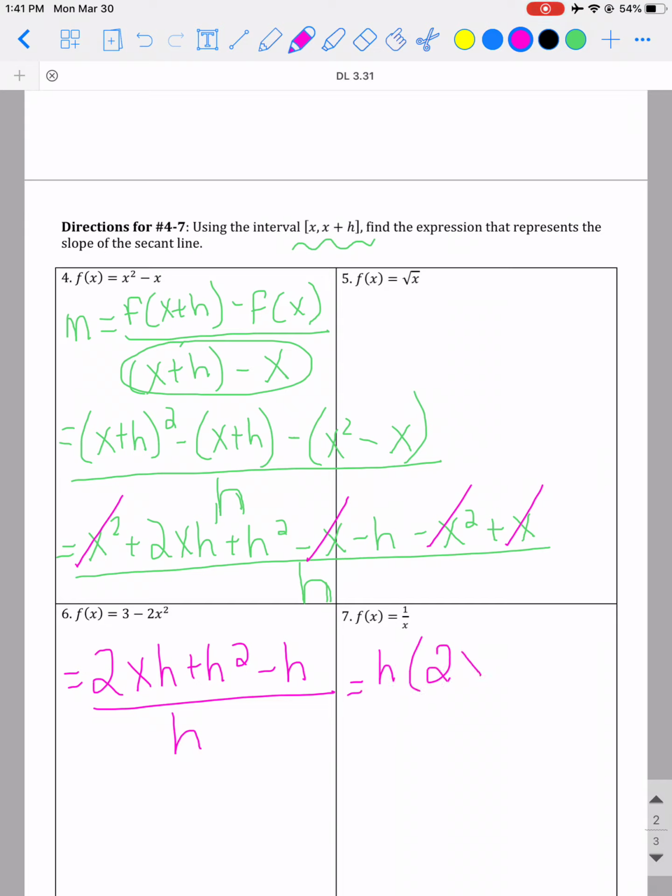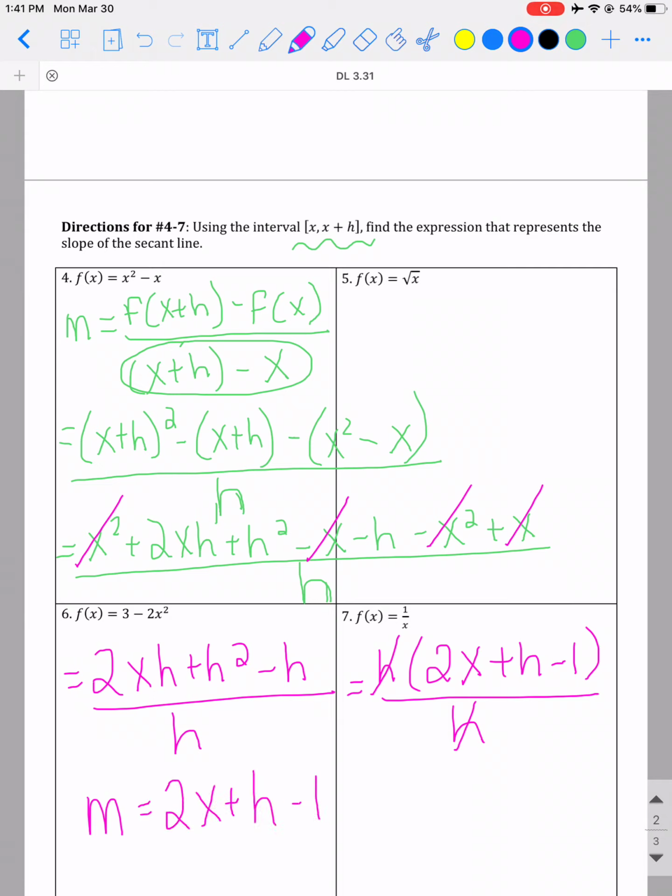So h times 2x plus h minus 1 all over h. These two h's will cancel out. So we're left with the slope is equal to 2x plus h minus 1. Okay, so you guys can follow that same idea to finish up 5, 6, and 7 as well.